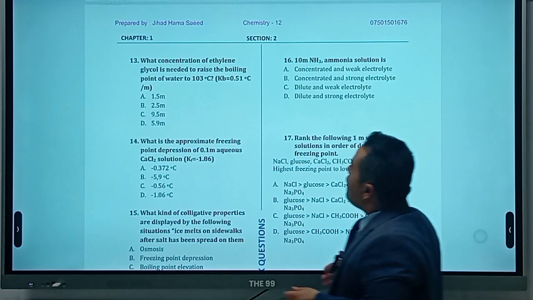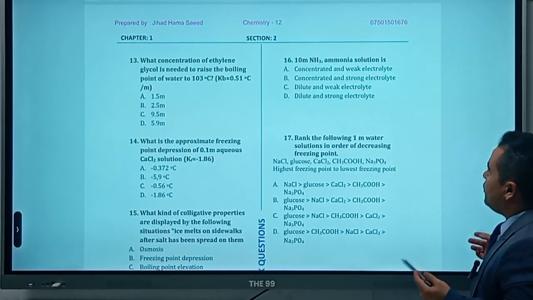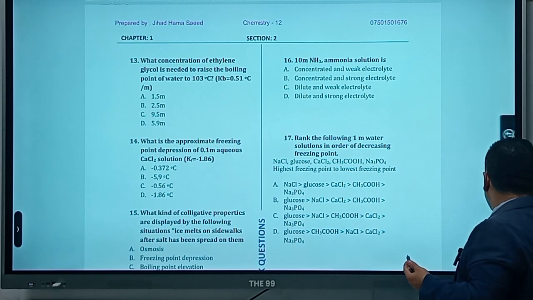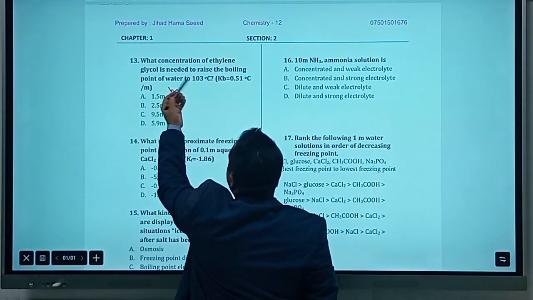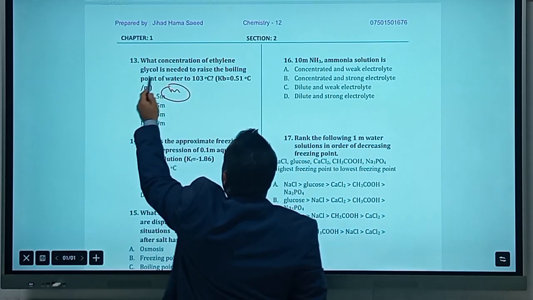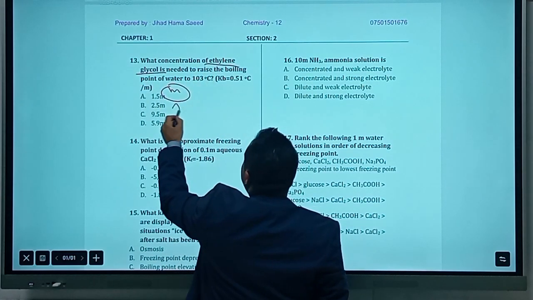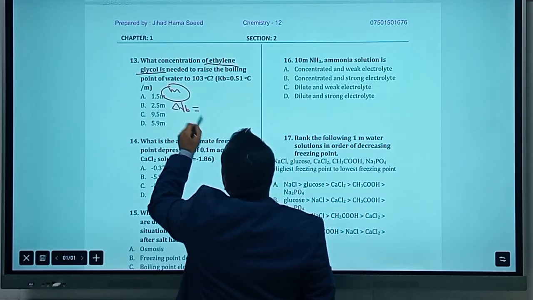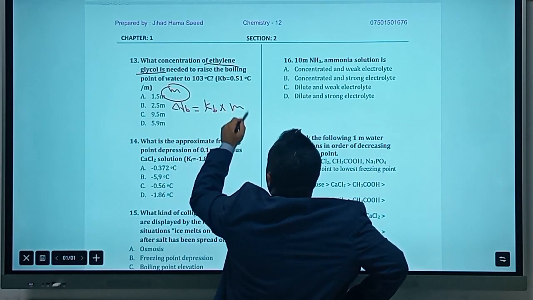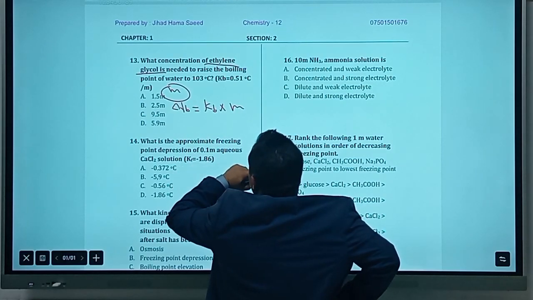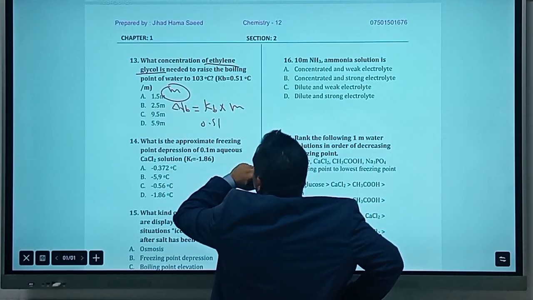What concentration of ethylene glycol is needed to raise the boiling point of water to 103 Celsius? It requires the molality of the ethylene glycol. Ethylene glycol is a non-electrolyte, guys. So delta TB is equal to Kb multiplied by m. We have Kb 0.51, okay?